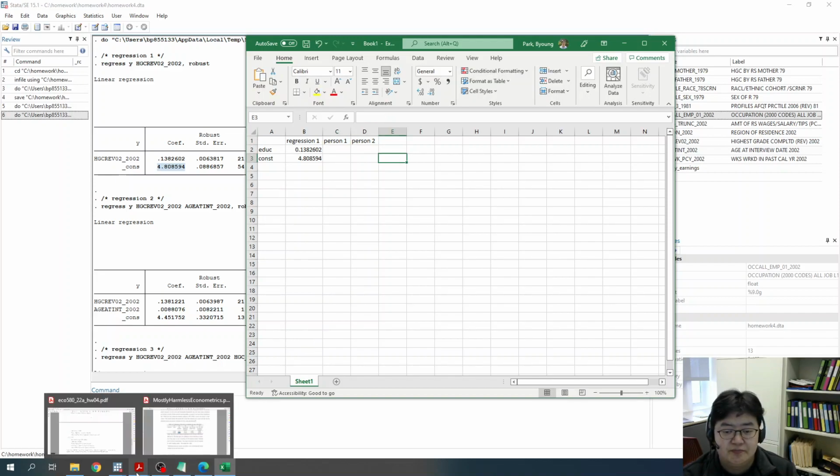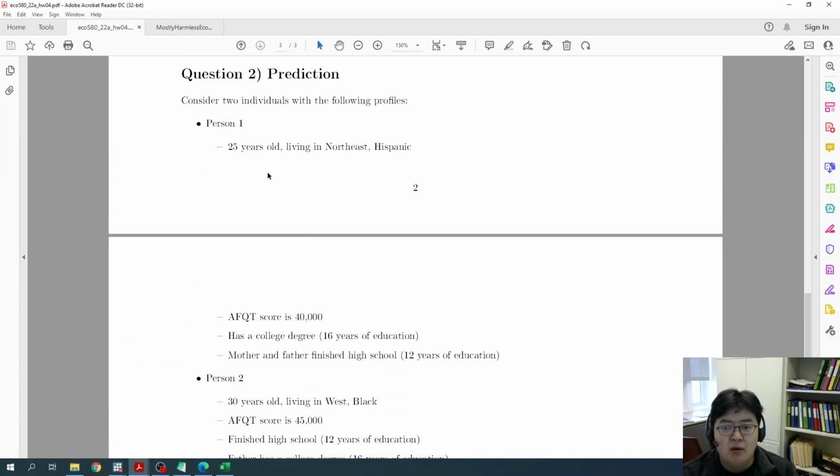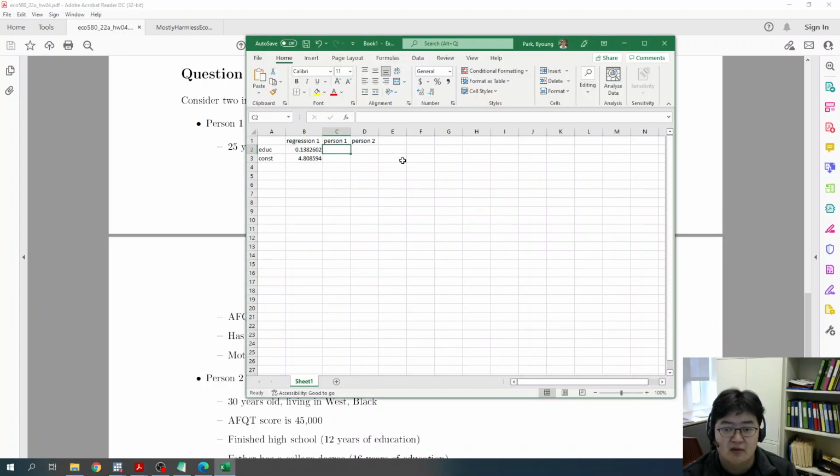Have a look. Person 1 has 16 years of education. So for each year of education, this person will have this much wage.